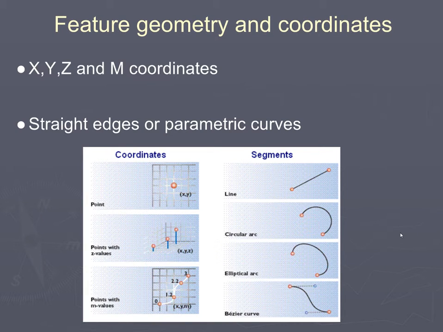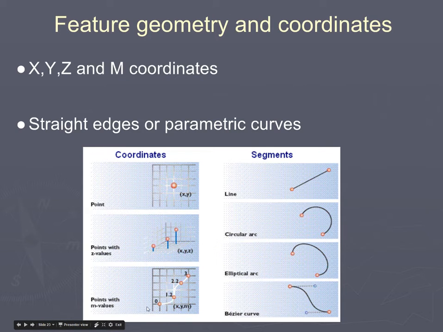Your feature geometry is stored with coordinates. We typically think of X and Y right off the bat, how we manage a point in a Cartesian coordinate system. Locations of points are defined by an X and a Y coordinate. They can also have a Z, which gives them elevation. And they can measure measurements with an M value.